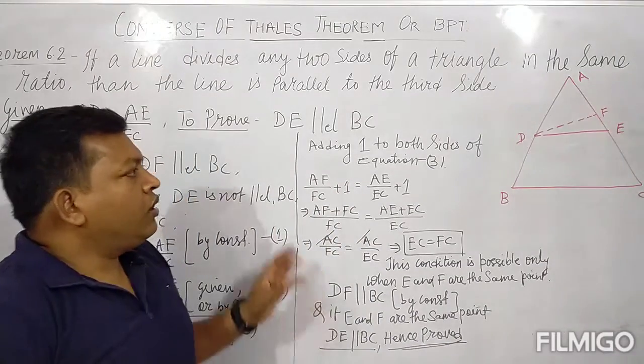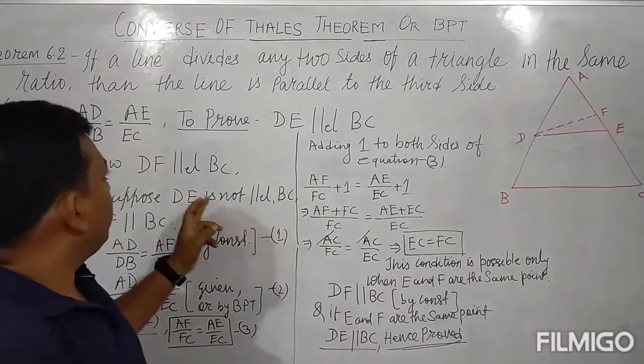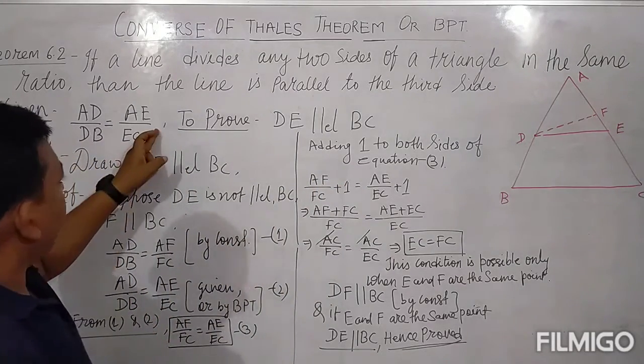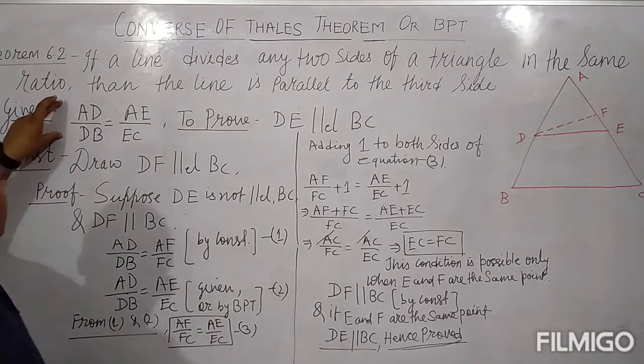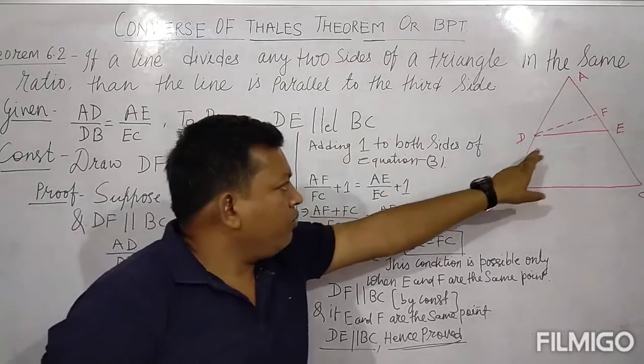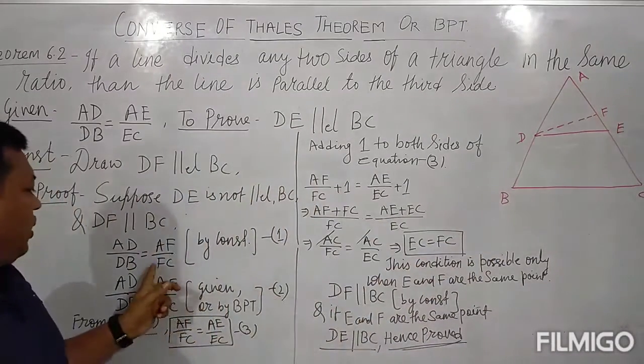What we have done, from the given statement we have written what is given here, what we have to prove. Then we made a construction here, and using this construction we obtained a relation.